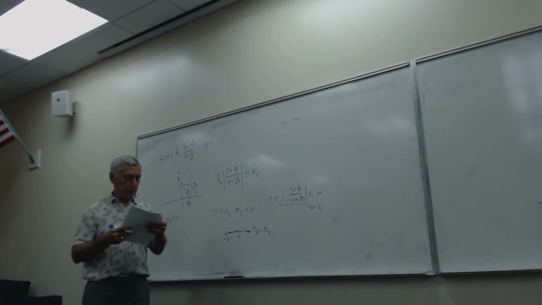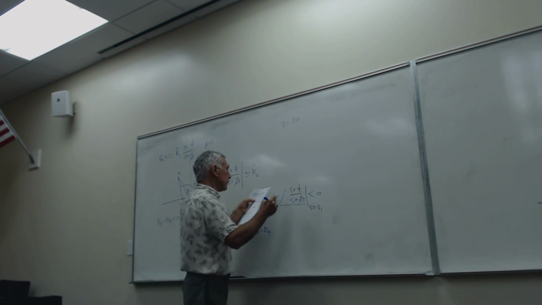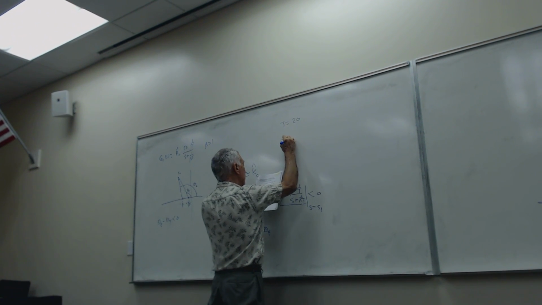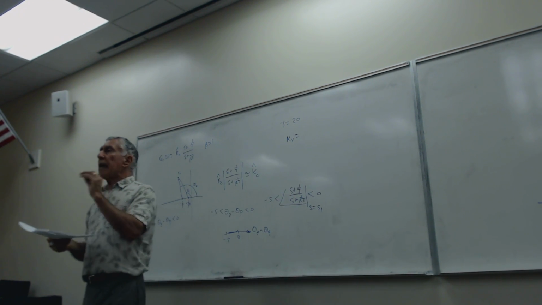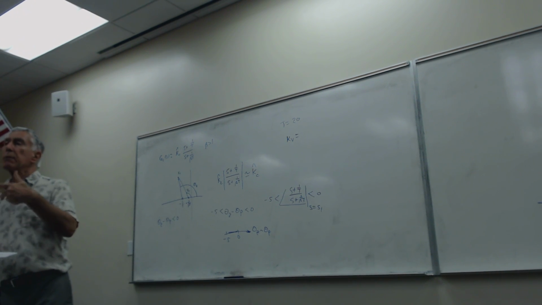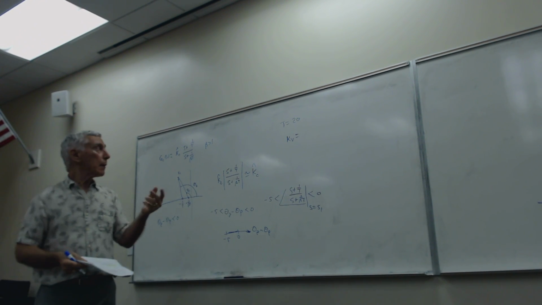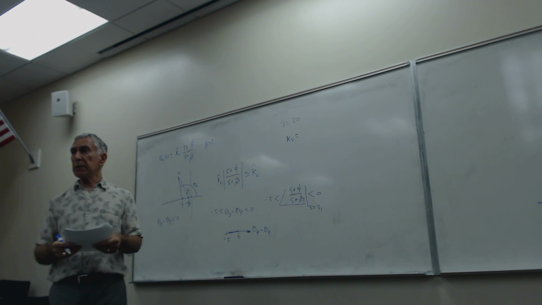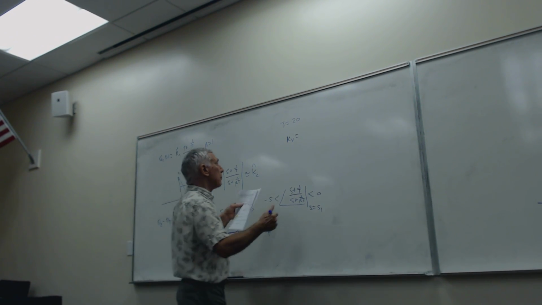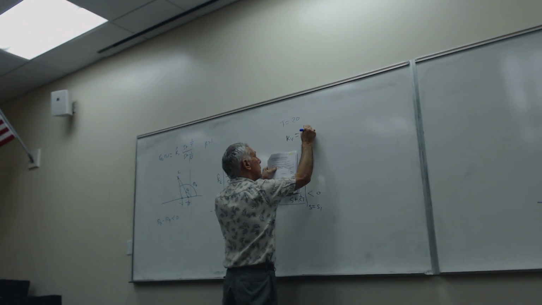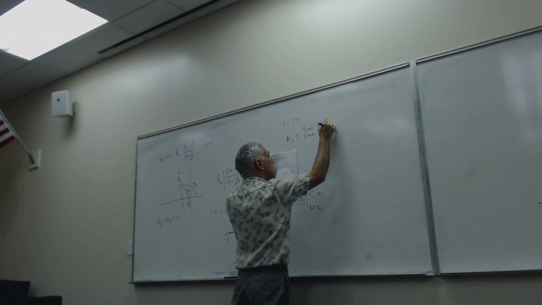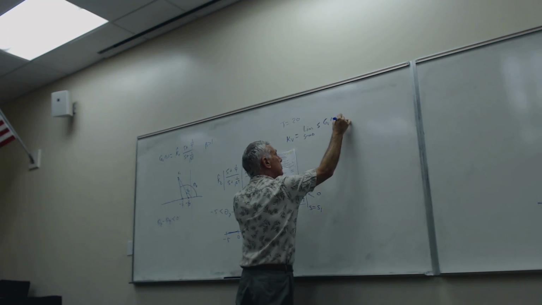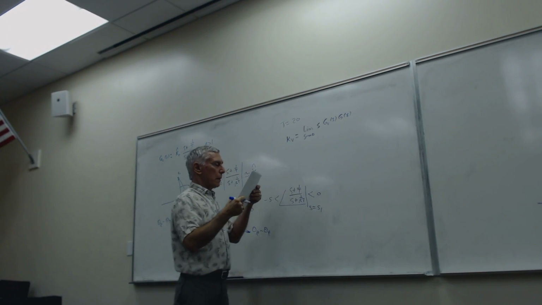But now let's take a look at the case of V. Kv is the lag compensated static velocity error constant. And you know that it's equal to the limit as s goes to 0 of s times Gc of s times G of s.